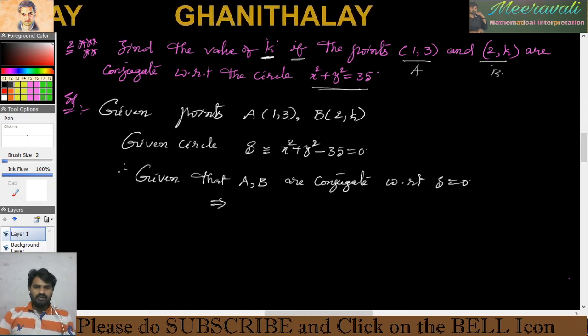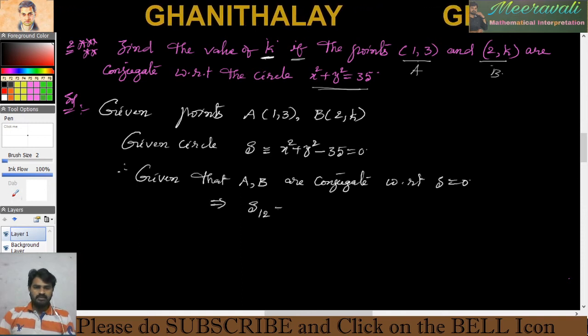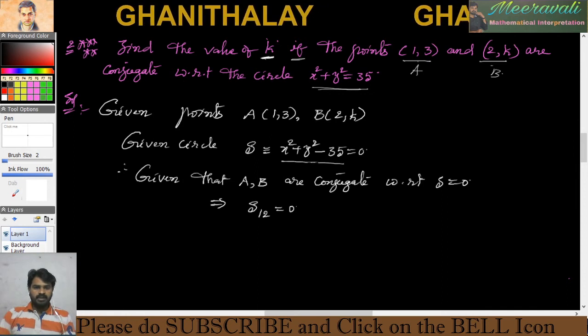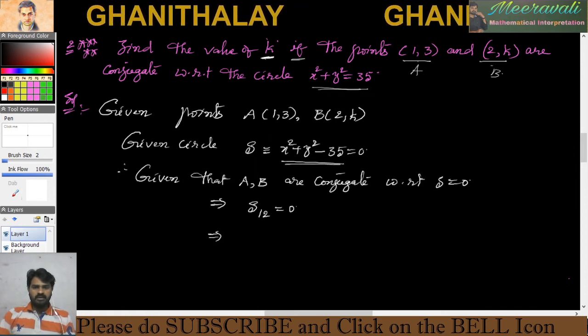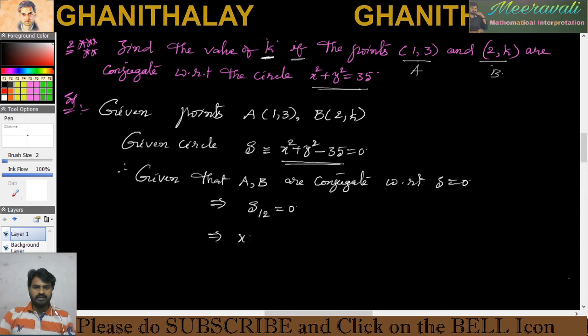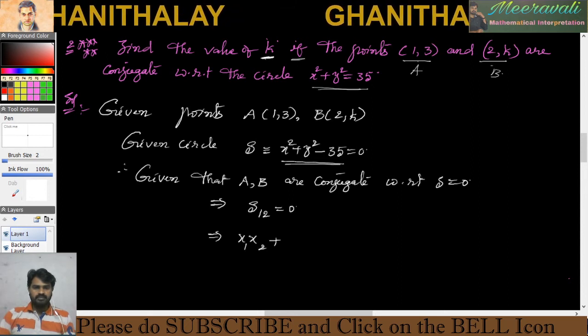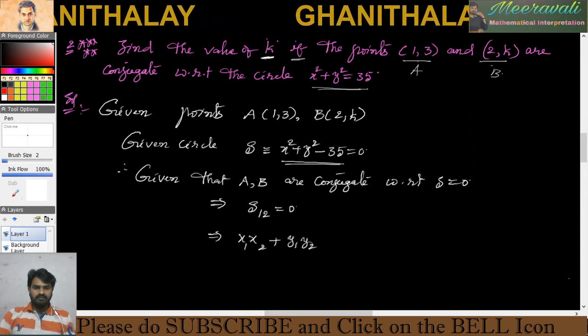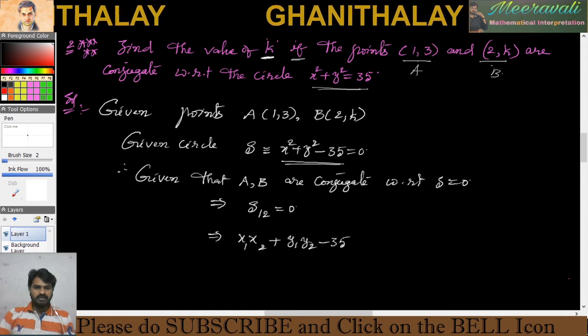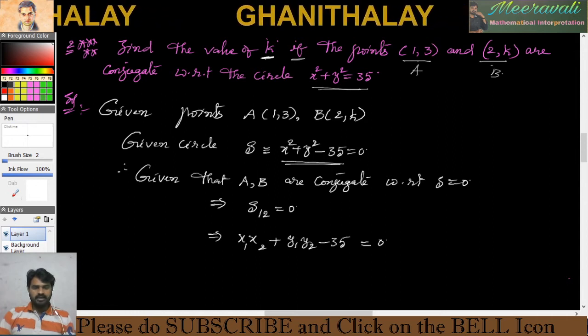So therefore, the property will be S12 is equal to 0. By taking S, we have to write here on left hand side S12 like that. X1 x2 plus y1 y2, next minus 35, that is left hand side. Also right hand side 0.